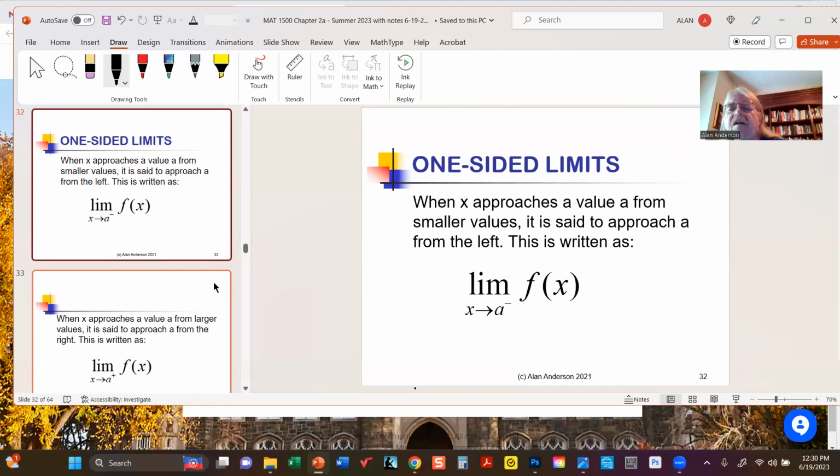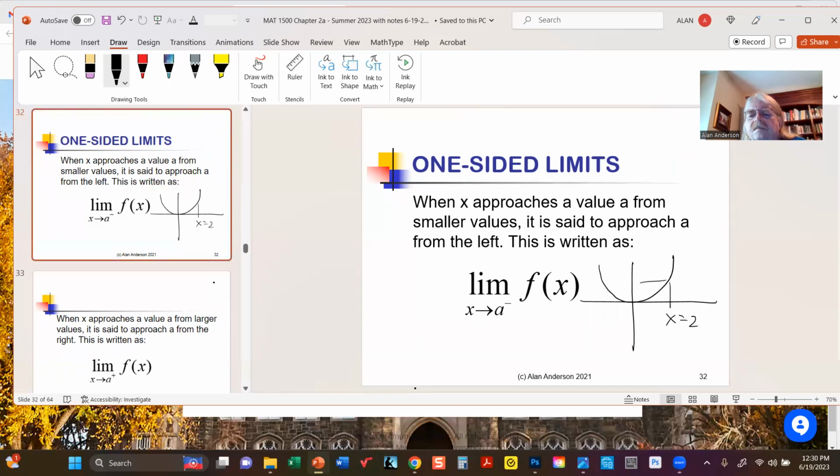As we saw already, coming from the left, or from the smaller values, is that little negative sign. That means x is coming from this direction. And in this case, the limit would be 4.